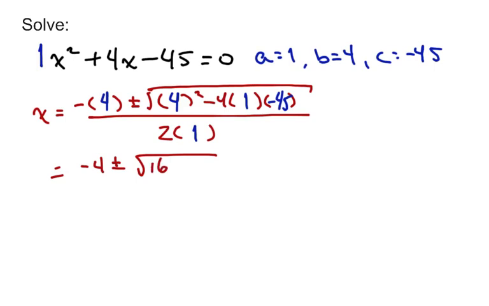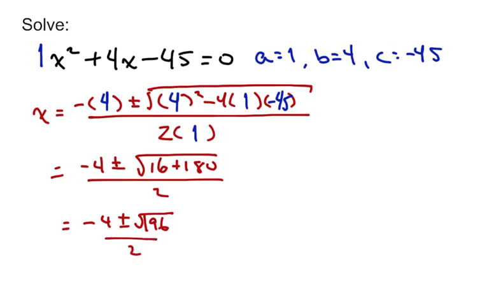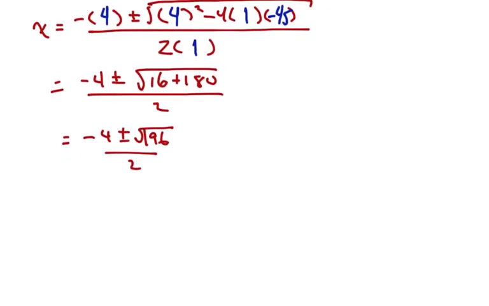4 squared is 16, and negative 4 times 1 is negative 4 times negative 45 is positive 180 all over 2. So we're at negative 4 plus or minus square root of 196, which is 14.